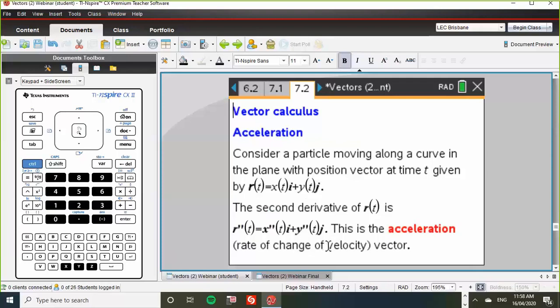So the acceleration is also the rate of change of velocity vector. So what you can do is gain information about a particle moving either in a straight line or in a curve, about its velocity at time t and its acceleration at time t, as long as you know the position of the particle at time t.